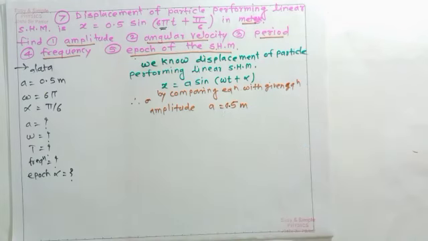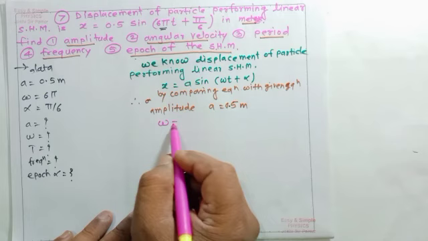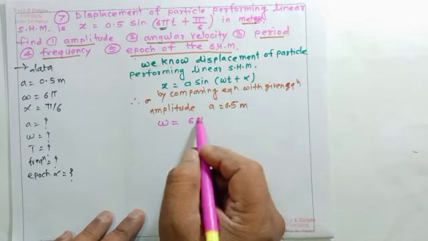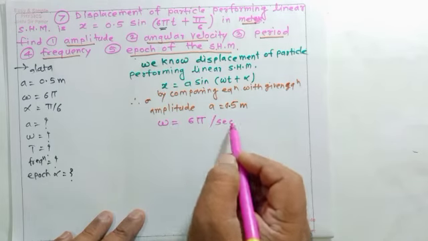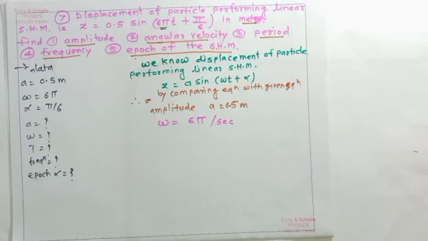First answer. Second answer will be angular velocity. Omega is 6 pi per second. Second answer is given. Third answer is time period.